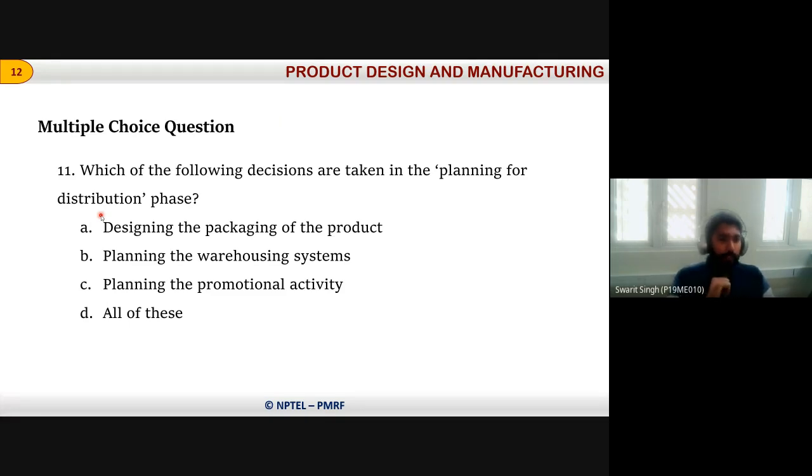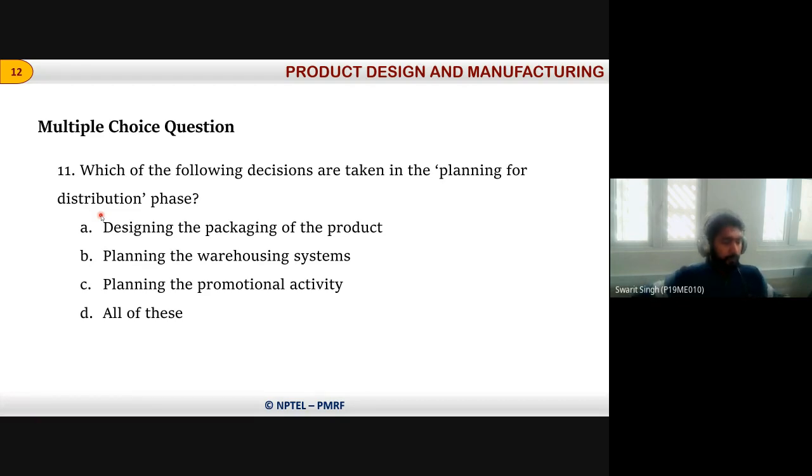Then planning of the warehousing system is also important. Warehouses are remote places situated away from the production unit. From the production unit the products are transferred to the warehousing system, and from the warehouse it is distributed to the local retailers. If we do online purchasing, Amazon and Flipkart have their local warehousing systems.